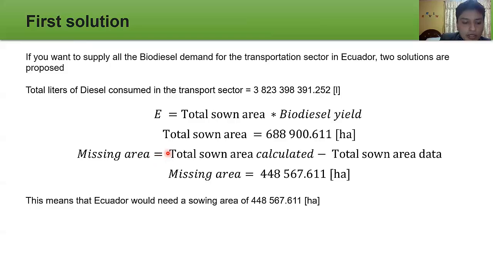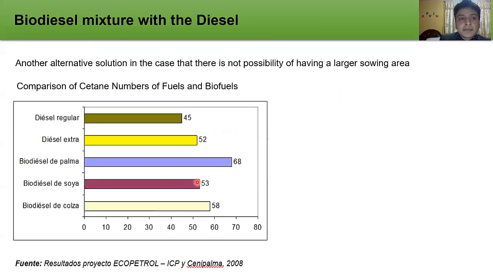The question is to know the area that I will need to cultivate with African palm to supply the demand. That means Ecuador will need a sowing area of 448,567 hectares, which is the missing area to supply all the demand.